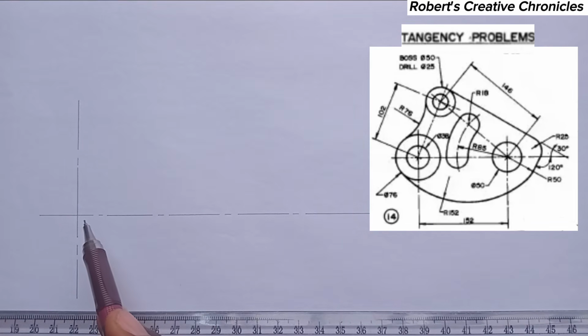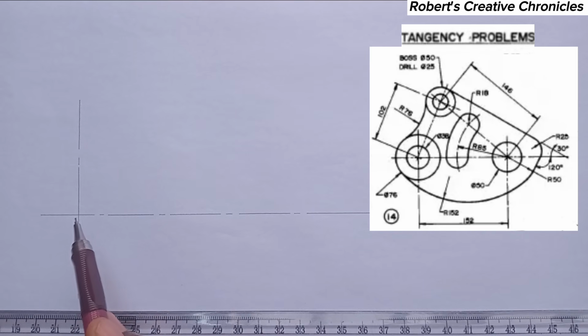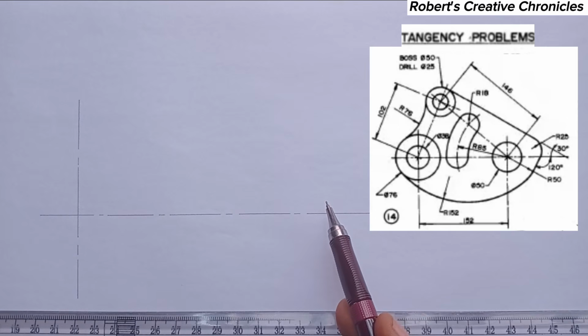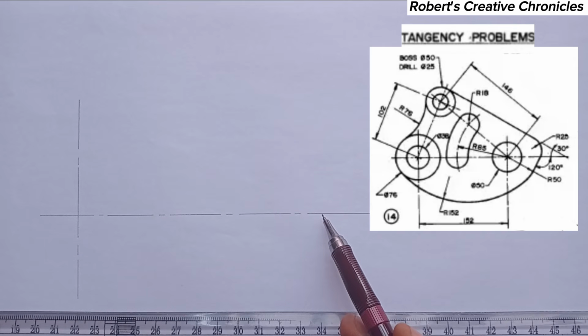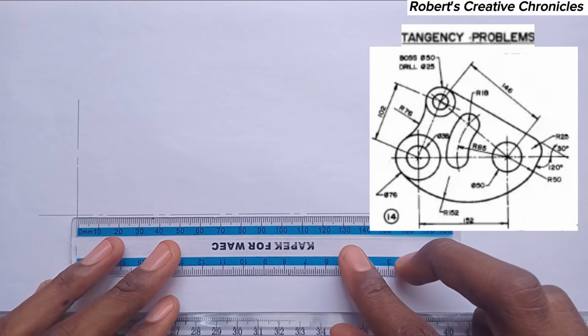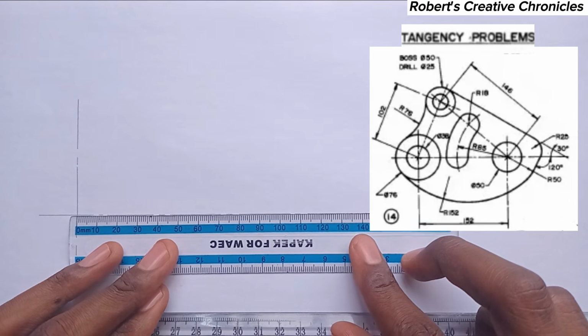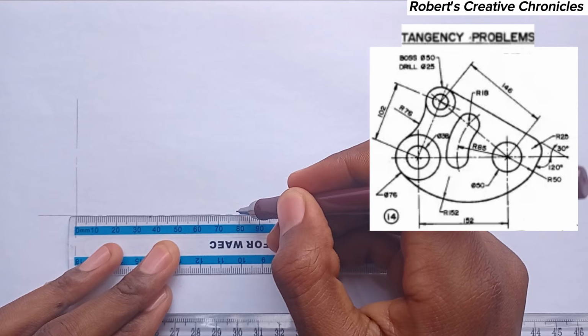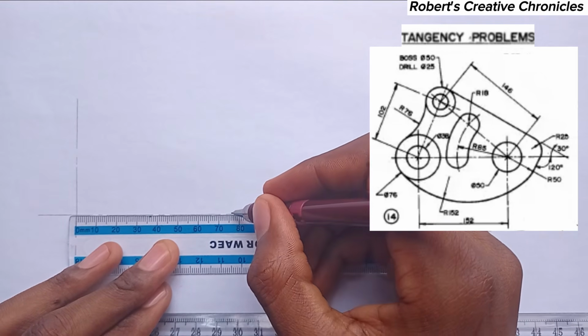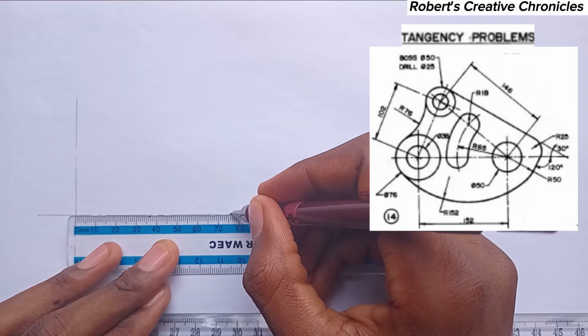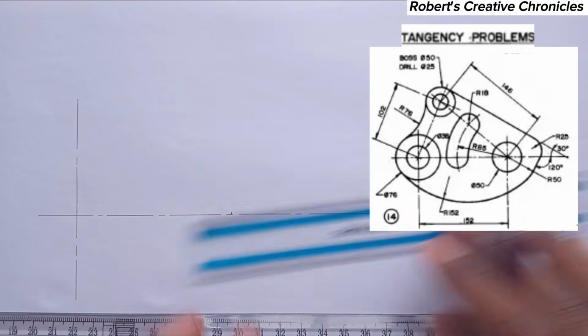So this is the first circle center. Then from the diagram you can see that from here to the other circle center is 152. But since we are using half scale, 152 divided by 2 is 76. So we are going to measure 76. So this is 76. So this is our center.